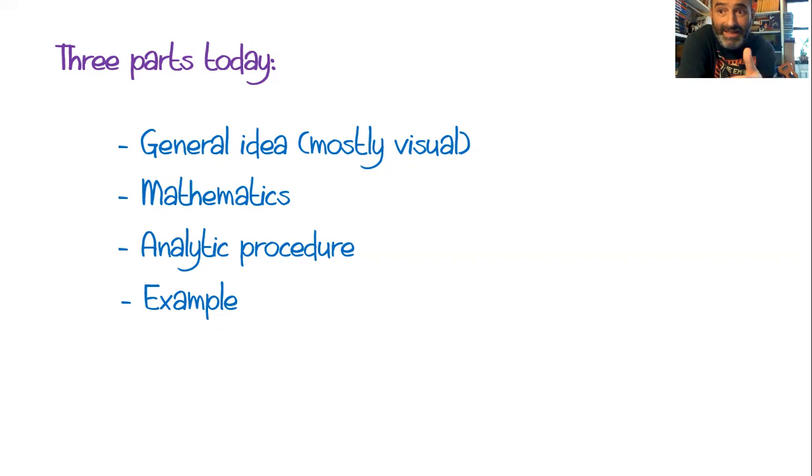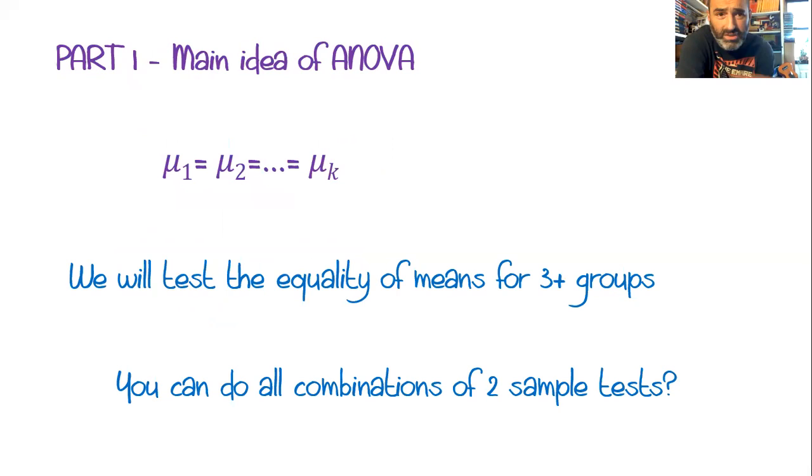Mostly we're going to be analyzing the variance, so you're going to calculate lots of variation. And then I'm going to show you the analytical procedure, how an ANOVA is carried out. Then I'm going to finish with an example. So we're going to start with the main idea. The main aim of analysis of variance is to test multiple arithmetic means.